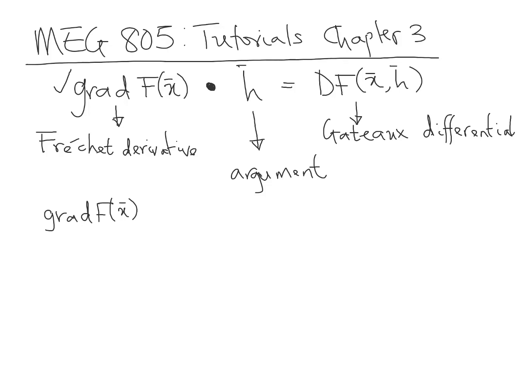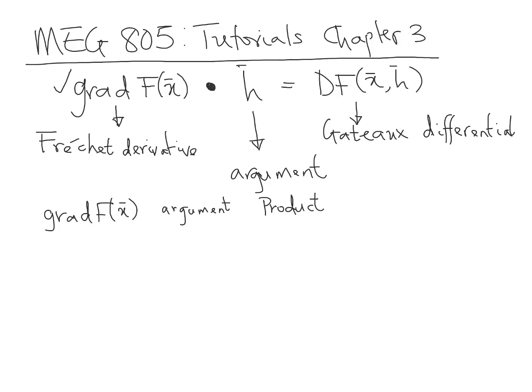We have the argument. Your argument in the expression above is h bar, but it could be anything. It could be a scalar, a vector, or a tensor. We have the product. In the expression above, I put a very big round dot. That big round dot is not a scalar dot product. It can be scalar multiplication, a vector cross, a dyad product, or a dot product.